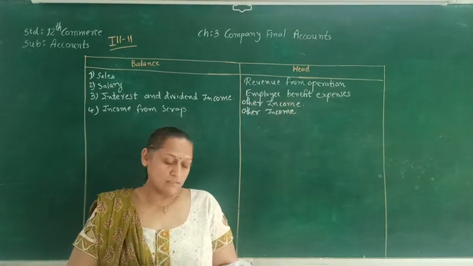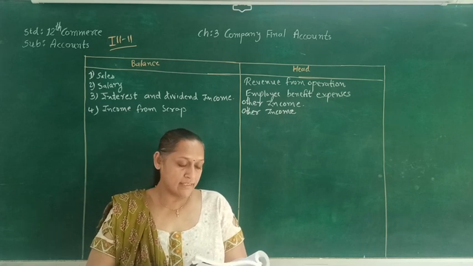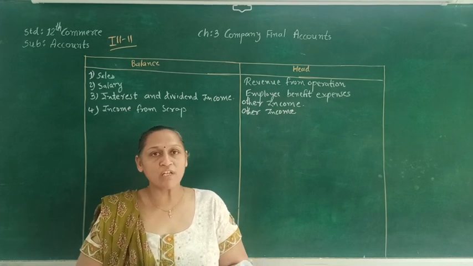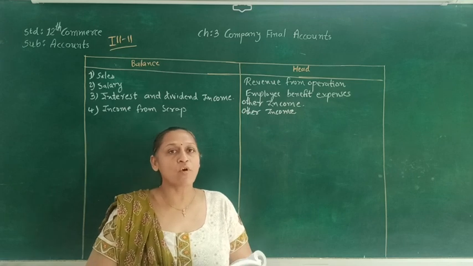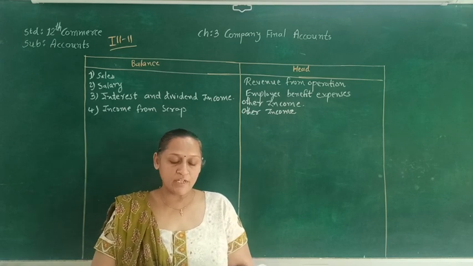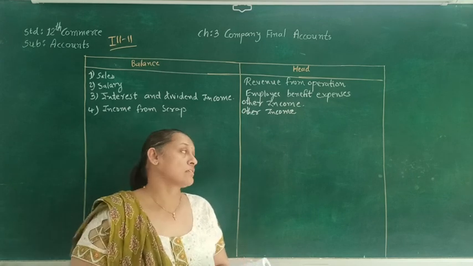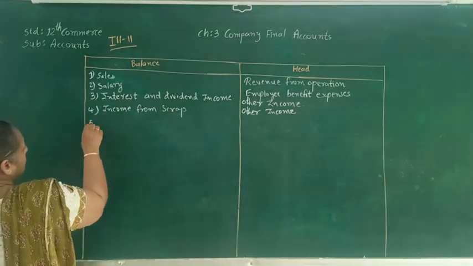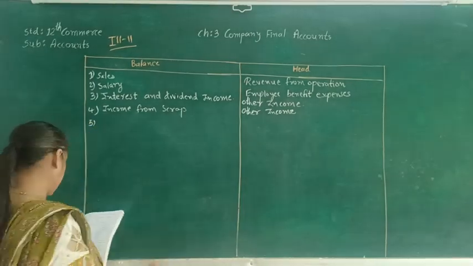The next balance given to us is depreciation. Depreciation is an expense that falls under the head depreciation and amortization expense. It is a non-cash expense of the business.